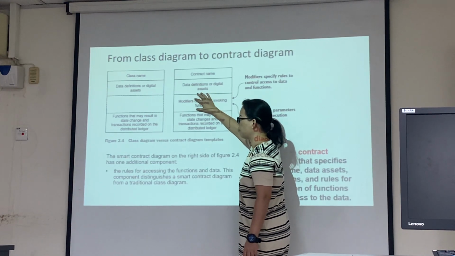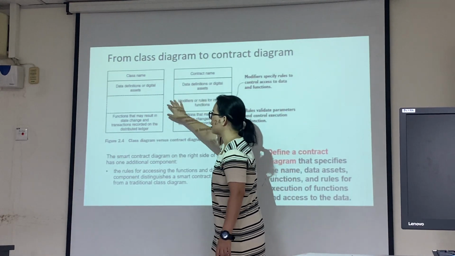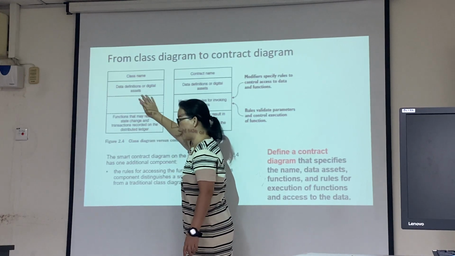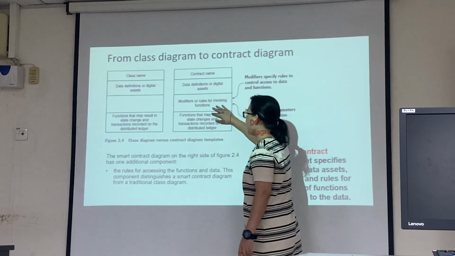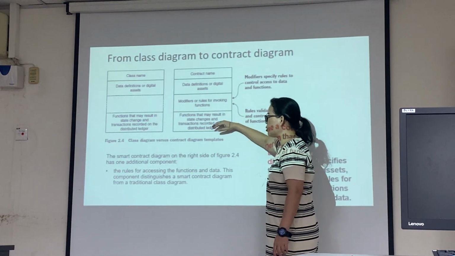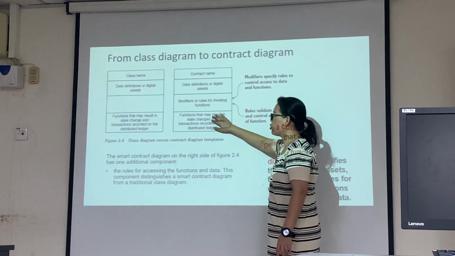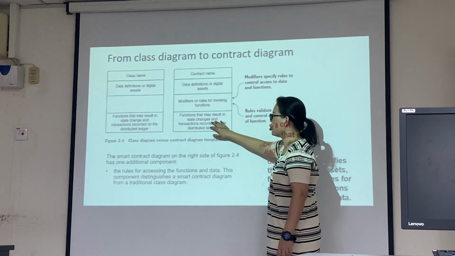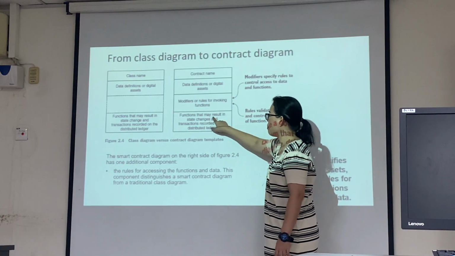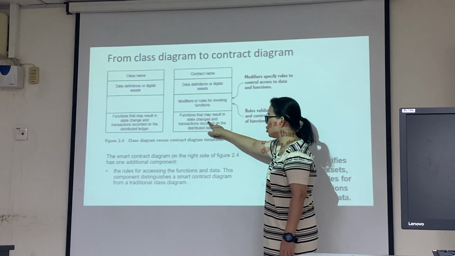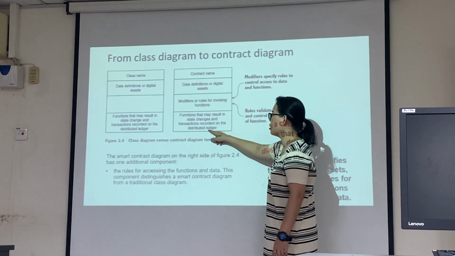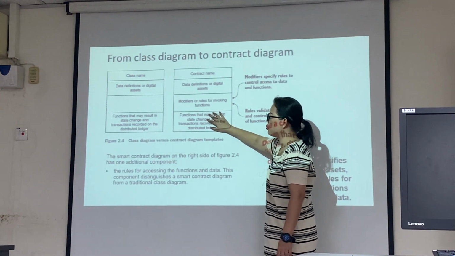For the class diagram, that is empty. Below that is the list of functions involved in your smart contract, functions that may result in a state change and a transaction record on the distributed ledger.